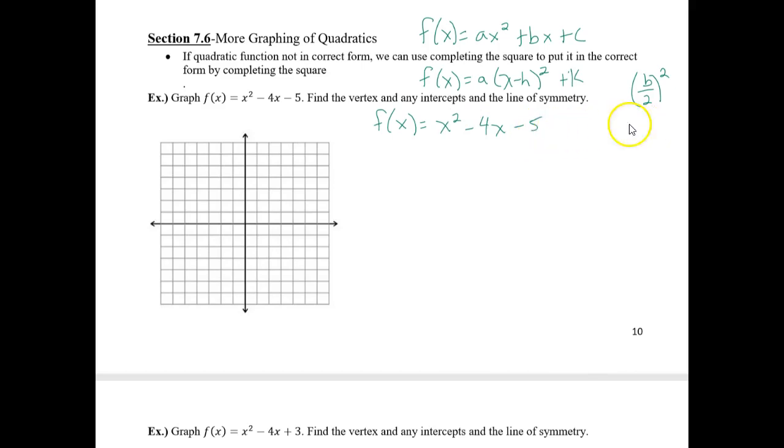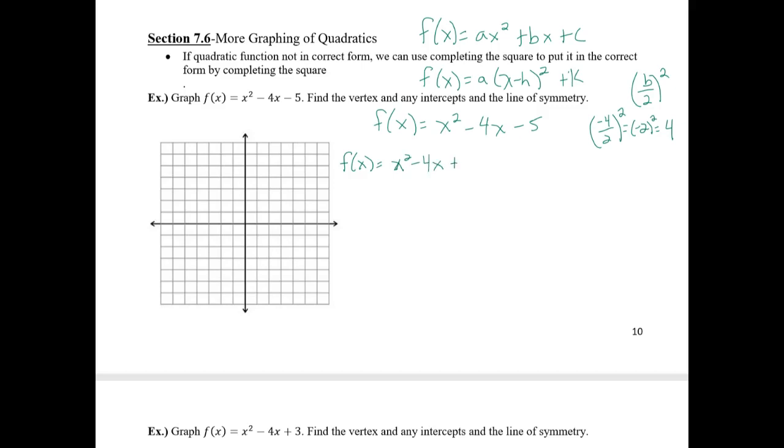So that's the goal. So, using b over 2, we identify b is -4. So -4 over 2. -4 divided by 2 is -2. And -2 squared is +4. Alright, so here I go. I'm going to leave x squared and -4x alone.